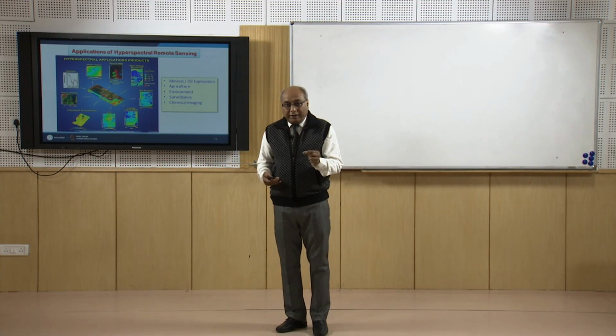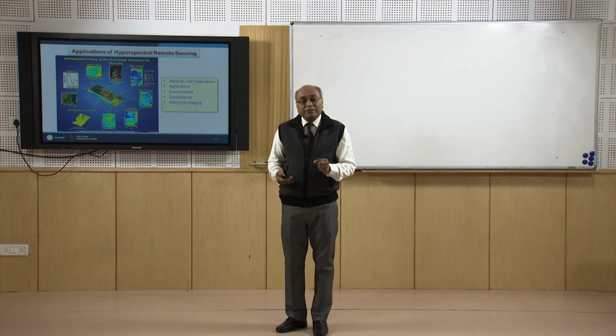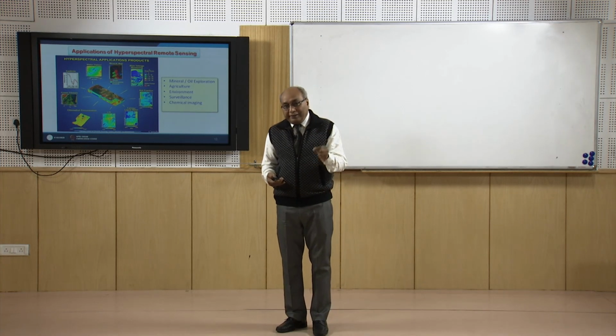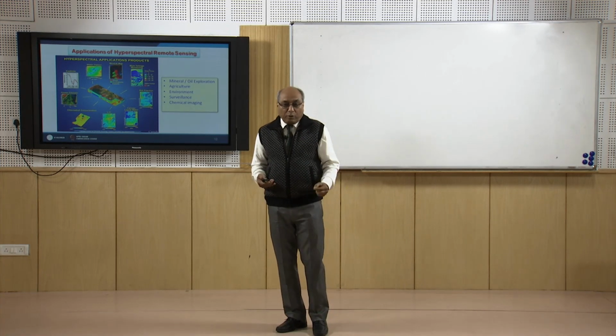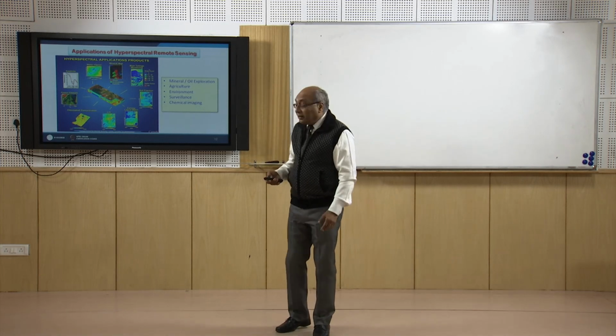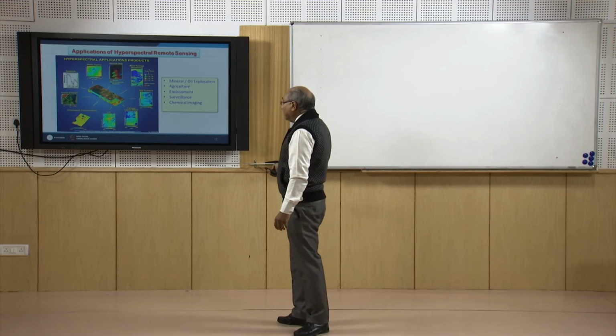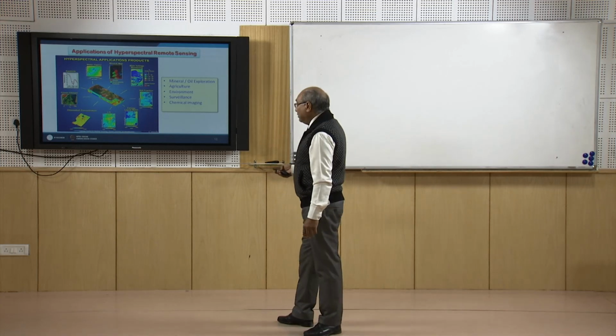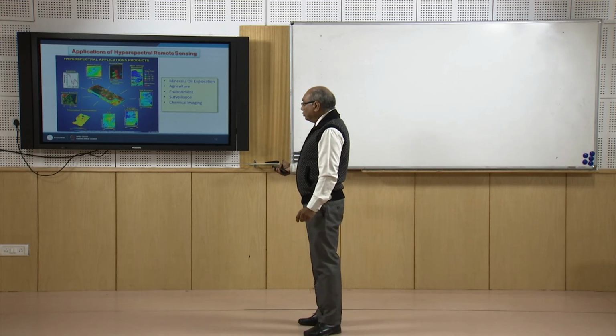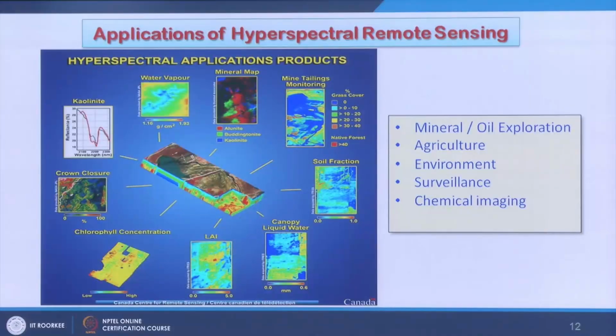Because you have a continuous spectrum, you can really detect individual elements, and the concentration of different pollutants can also be measured with this. Of course, the spatial resolution is 30 meter, but it doesn't matter. Still, in lake water or sea water, such concentrations of chemicals or sediments can be measured very easily.